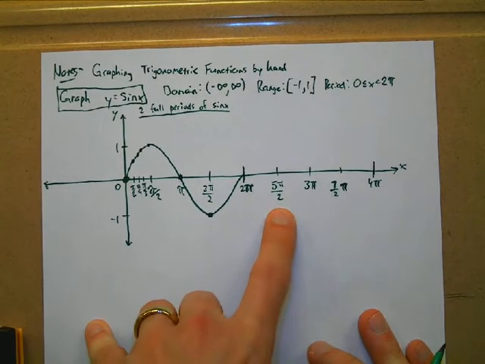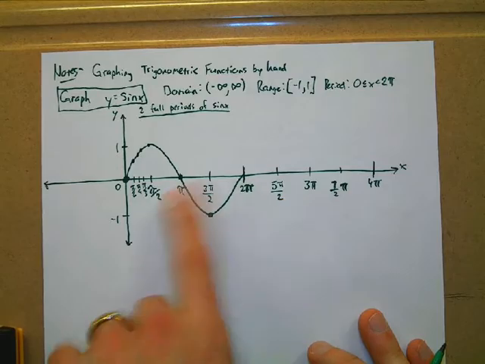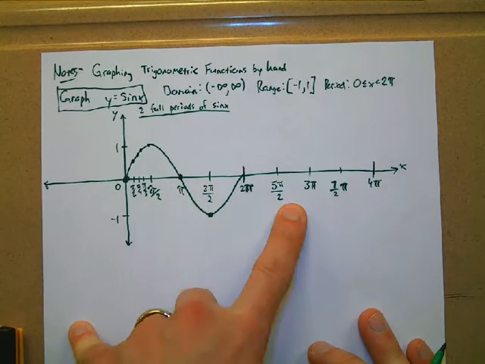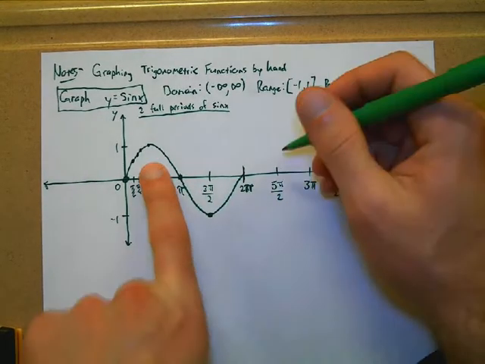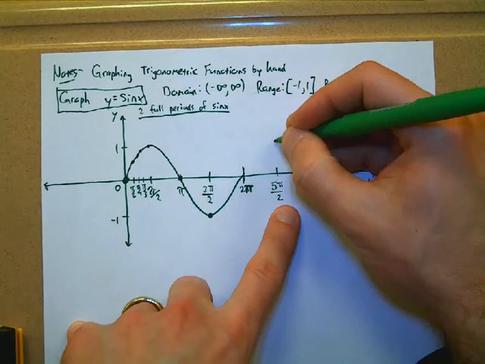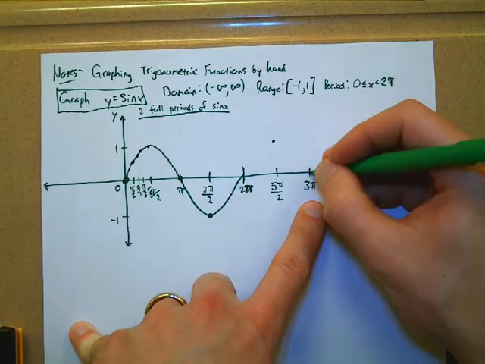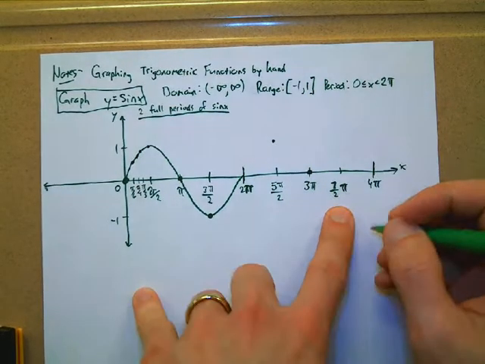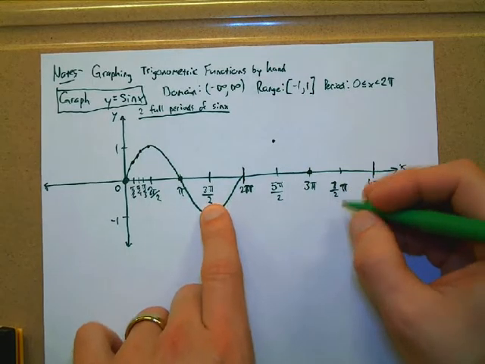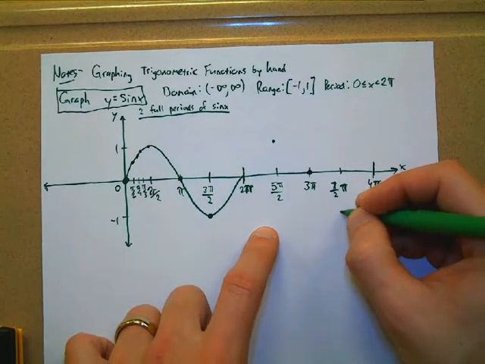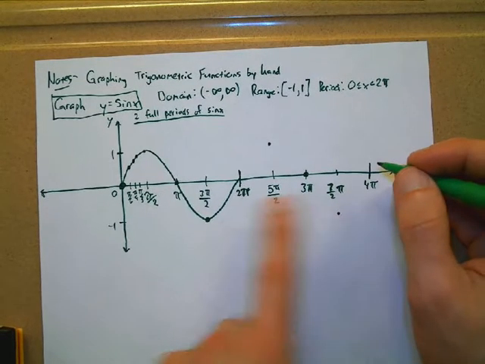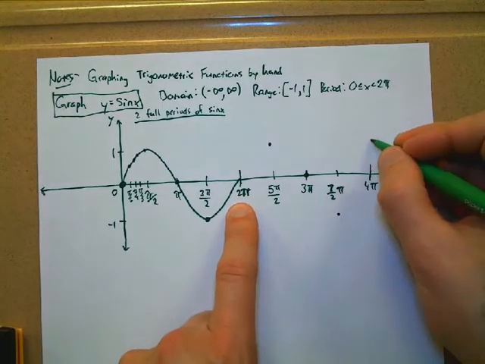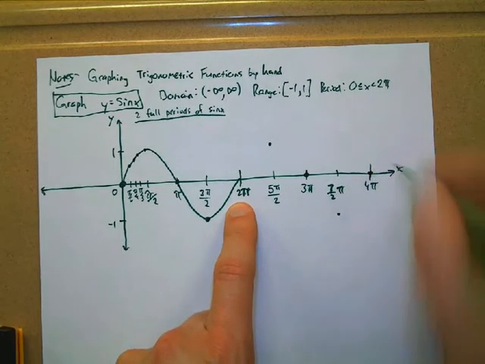Sine of 3 pi is 0. Sine of 7 pi over 2 is coterminal to 3 pi over 2, so it'll be -1. And then sine of 4 pi is coterminal to 2 pi, so it's back up to 0 again. Whoops, sorry. So you can just continue the graph like so.